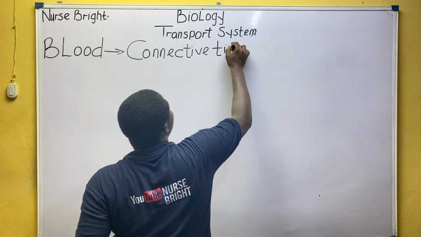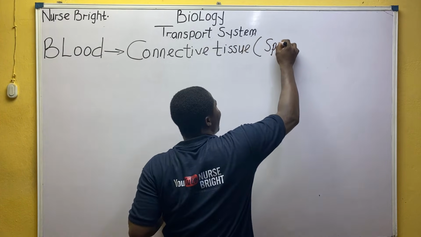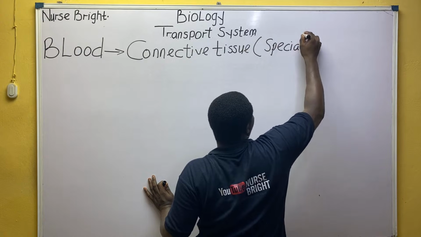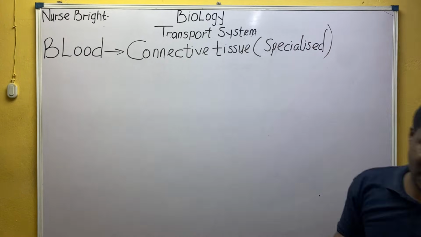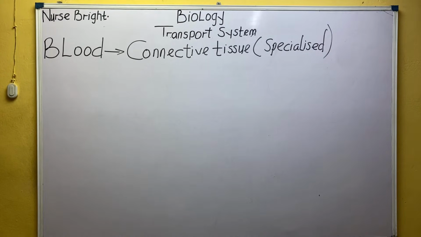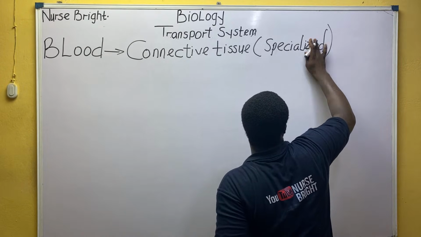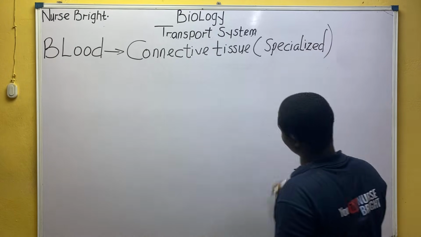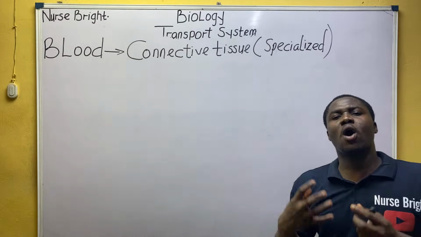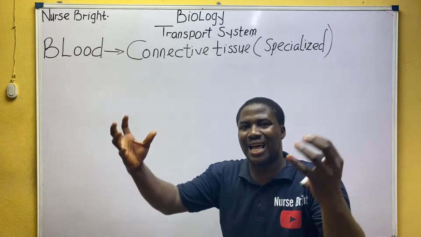Now, it's not just a connective tissue, it is a specialized connective tissue, and I'm going to tell you why. Why is the blood a specialized connective tissue? For a substance in the body to be a tissue, it means that it is made up of cells, because it's cells that form tissue.